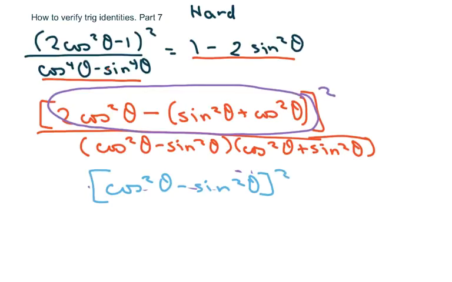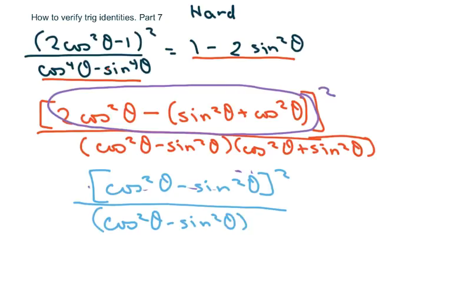All right, and then I'm going to copy my denominator down. So if you FOIL this part back out, you get this part in here.